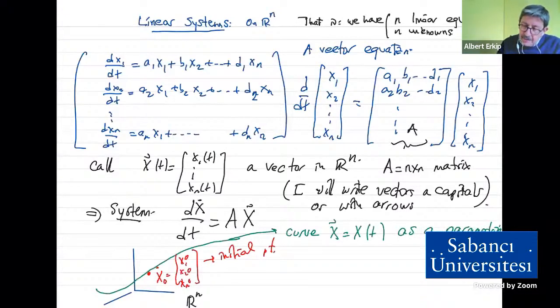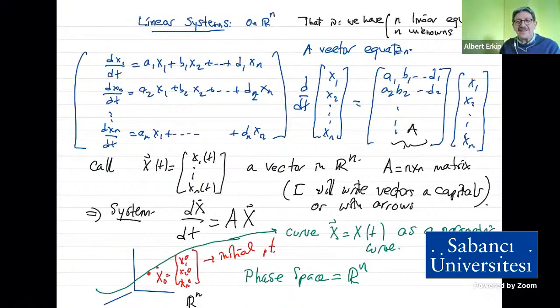As a parametric curve. Why is it parametric? Because there's no t-axis. So this is the phase space Rn. Normally I would have another t-axis, but it's difficult to show.